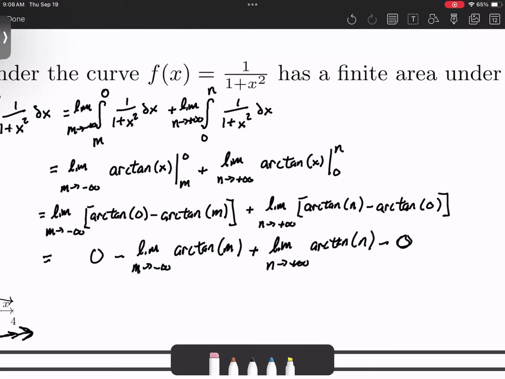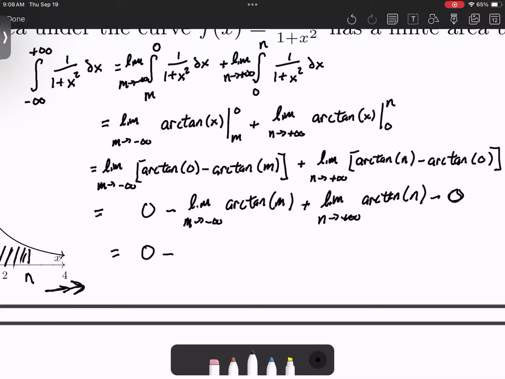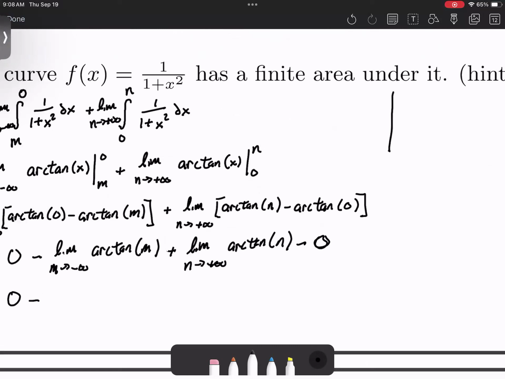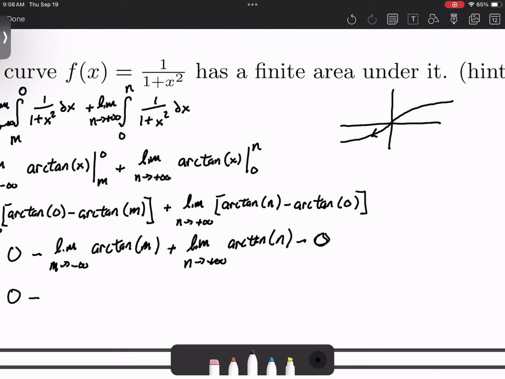Okay, so here we get 0 minus. If you think about the arctangent function, you can either think of that as its own thing. The graph looks something like this. And as you go infinitely to the left, you've got a horizontal asymptote at minus pi over 2.